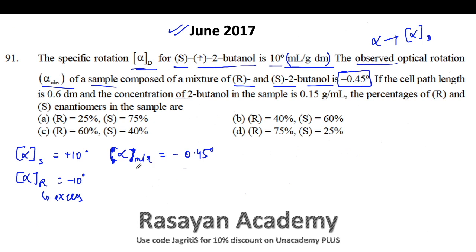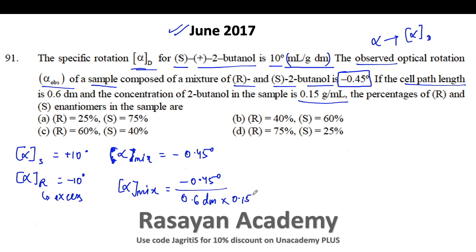Yes. So we are going to convert the alpha mix into the specific rotation of the mixture. That is the first thing that you do. And see, the value is also given. Cell path length is 0.6 decimeter. Very well. 0.45 degrees divided by, already in decimeter, 0.6 decimeter, multiplied by concentration, which is already gram per ml. How good is that?